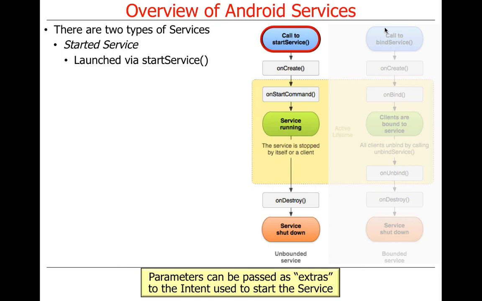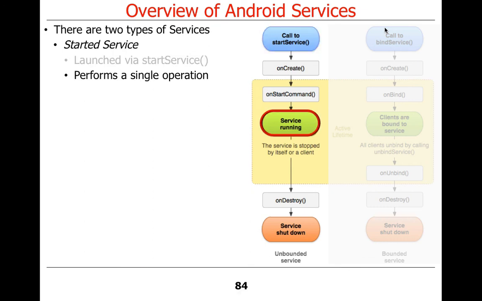We talked about this with activities as well. It's not uncommon to pass extras to intents when you launch an activity. It's more common to pass them when you start a service, and we'll talk about that later. We'll see some examples. A started service typically just performs one operation. It could do more, but it's typically just going to do one thing.